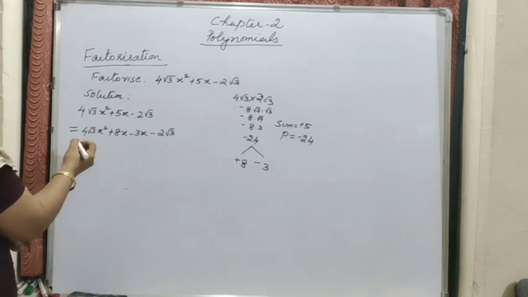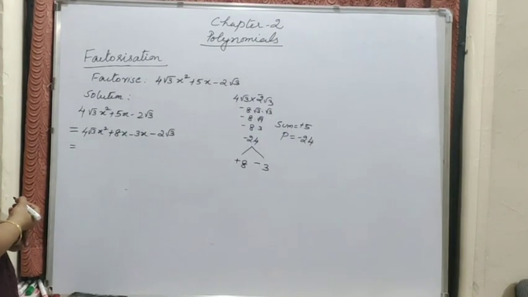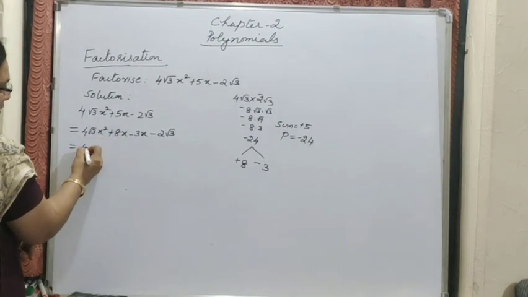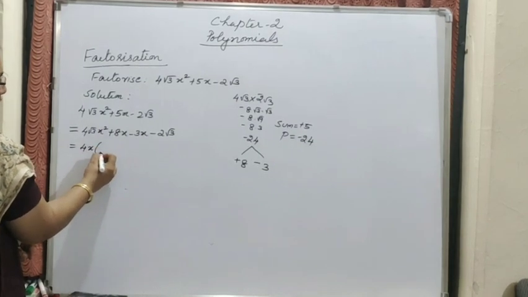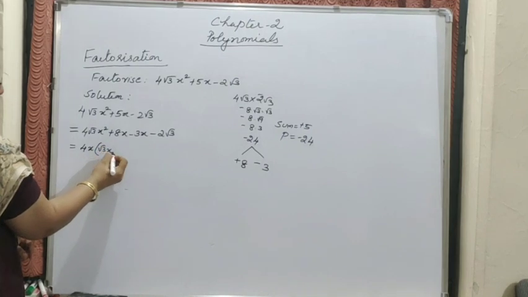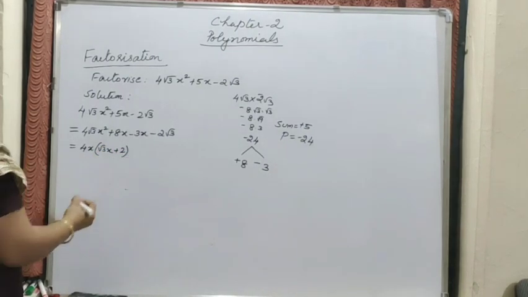Got now? So 4 root 3 x square plus 8x minus 3x minus 2 root 3. Here 4 is there and we can take x as common also. So if we take 4x, what are the terms remaining? Root 3 is remaining, 1x is remaining, and out of 8x, 4x is gone, so root 3x plus 2.